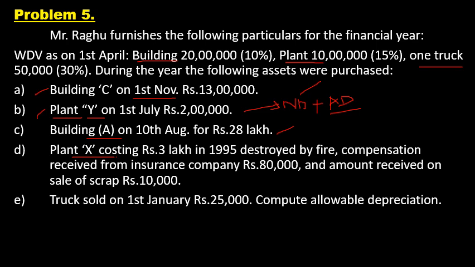Whenever any particular asset is fully destroyed due to some reason, either by fire or any other accident, then it is considered as a sale or a transfer in the previous year.